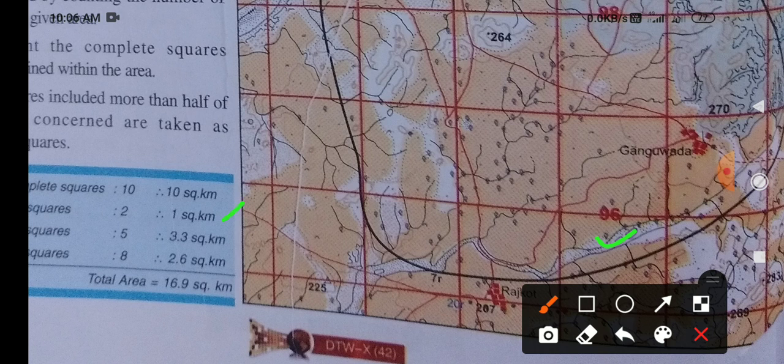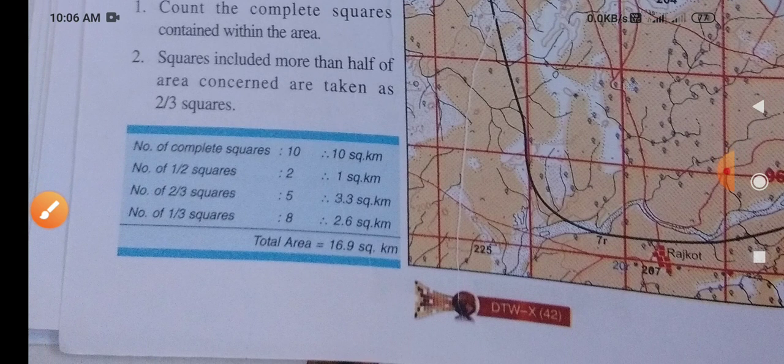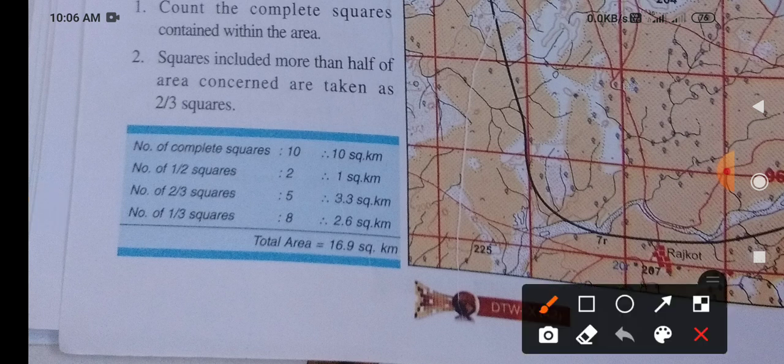And similarly, you can see the next one is your number of 2/3 squares, meaning out of 3 parts, 2 parts are covered, 2 parts are occupied. So those 2/3 squares, if you go on calculating, you will see there are 5 such things. And how will you know the total area?